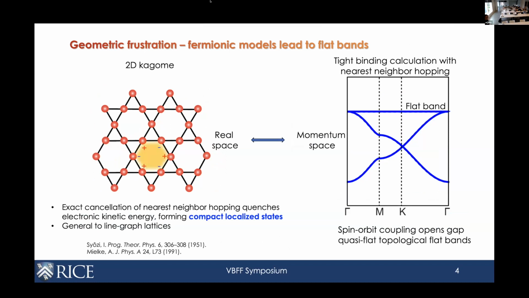And the consequence is that there therefore cannot be hopping outside of these hexagons. And this forms what's called compact localized states. So the way to think about this is that if you quench completely the electronic kinetic energy, that means your band in momentum space would have zero bandwidth. So in other words, if you think about it in momentum space, this will give you these so-called flat bands, right?